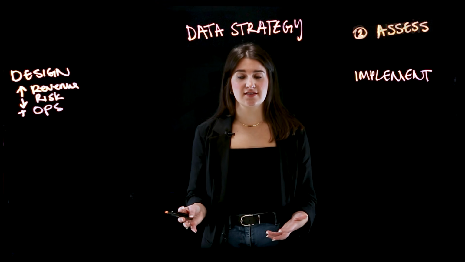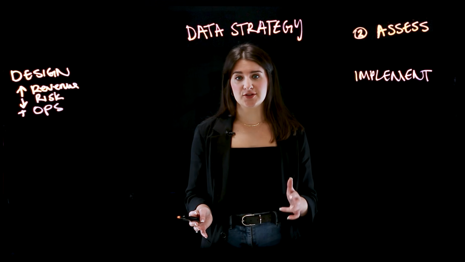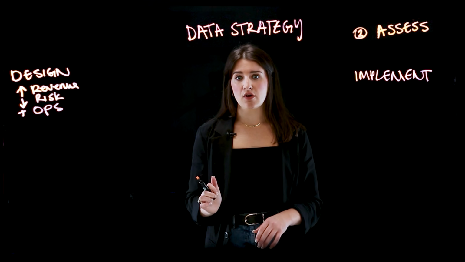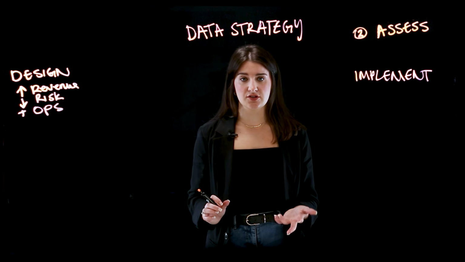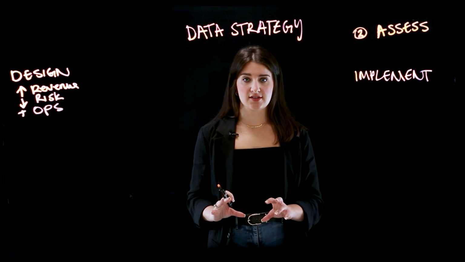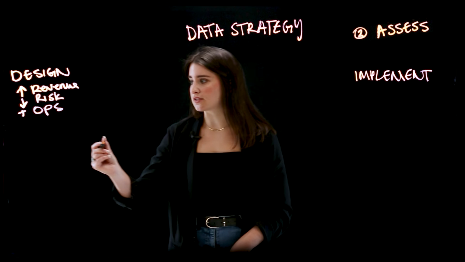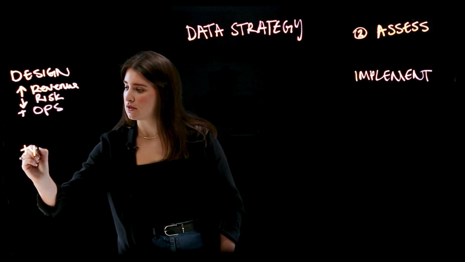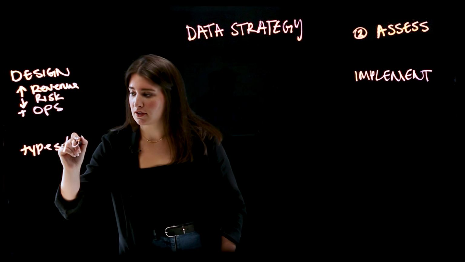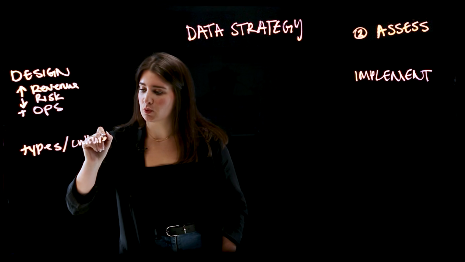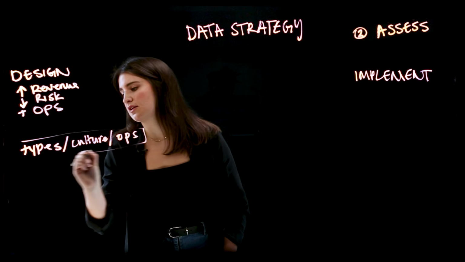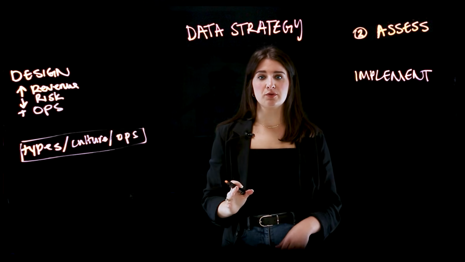Step 2 is assess. Look at the current state of your data use and data governance across your organization. Review your notes and host deep design thinking sessions to really learn more. The key is to foster an honest dialogue about 3 key areas. So, the types of data being used in your organization, the culture around data use within your organization, and different operational workflows that use data, especially when we think about opportunities to do it better.